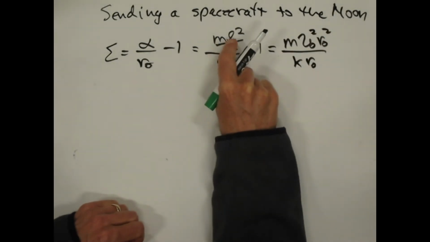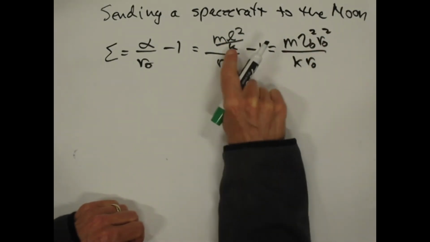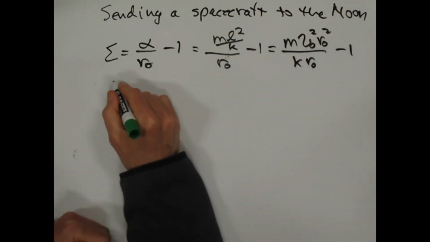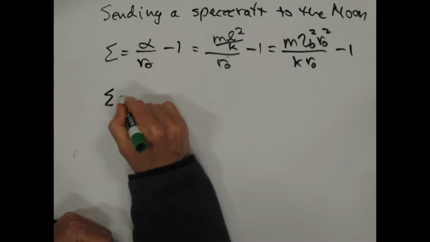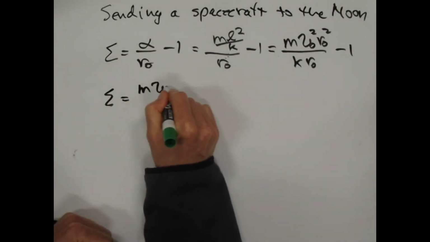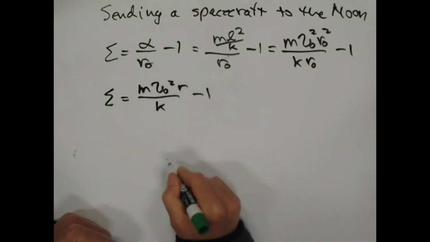So this is m l squared, which is v squared r squared, over k times r0, minus 1. That's what the eccentricity is. Or the eccentricity is m v0 squared r0 over k minus 1.